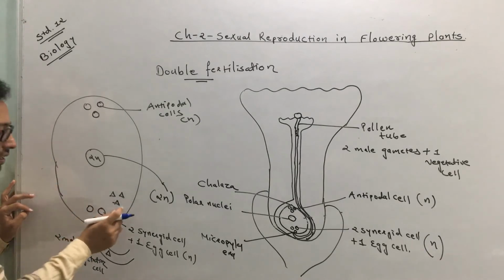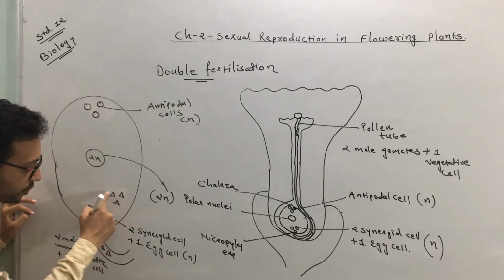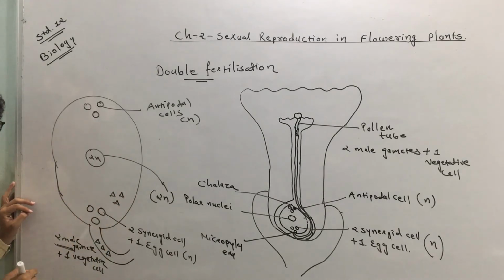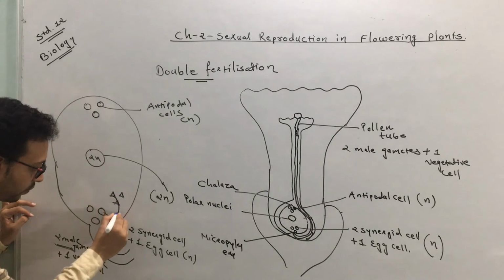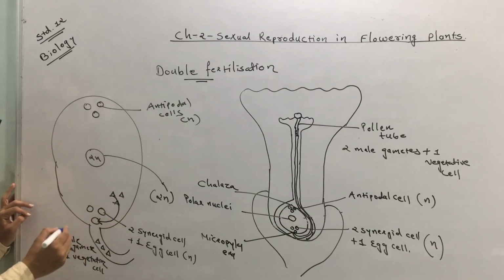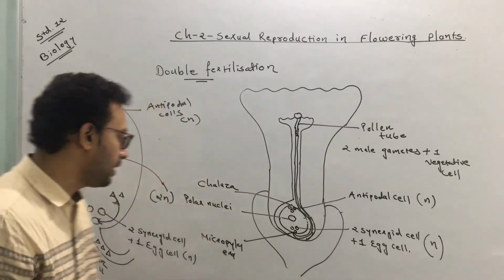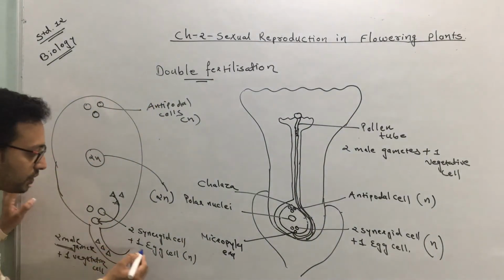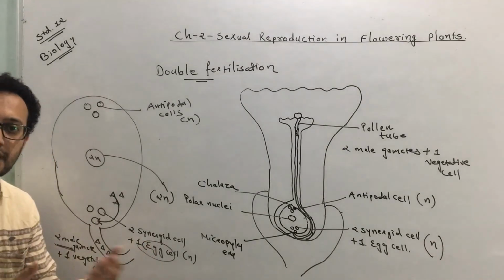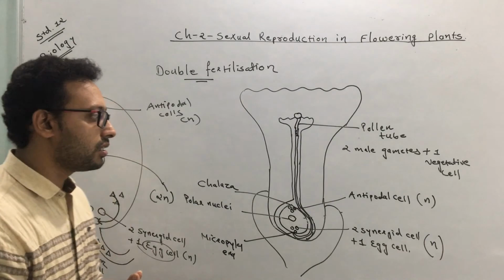From the 2 male gametes and 1 vegetative cell, 1 male gamete fuses with the egg cell. Fertilization means fusion of male and female gametes. So 1 of the 2 male gametes fuses with the egg cell, which is a female gamete, and that process we call fertilization.